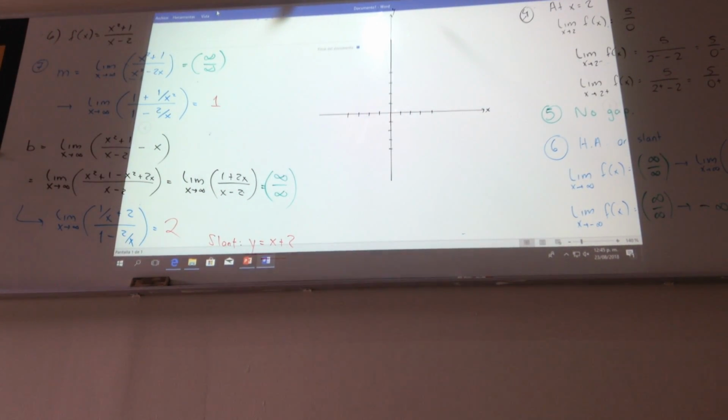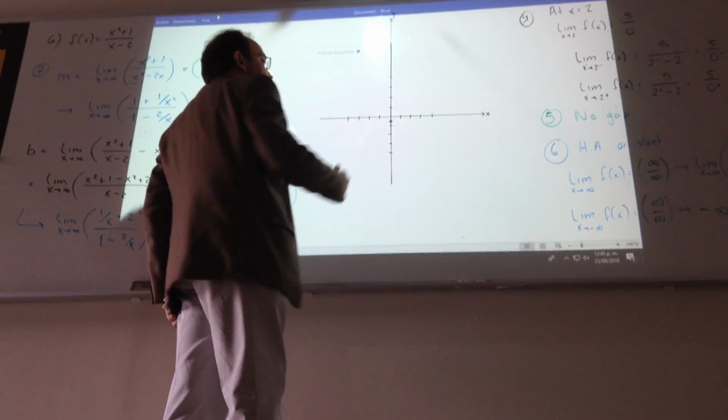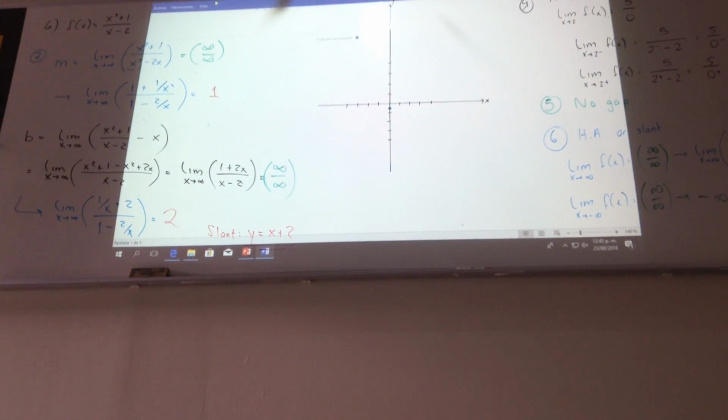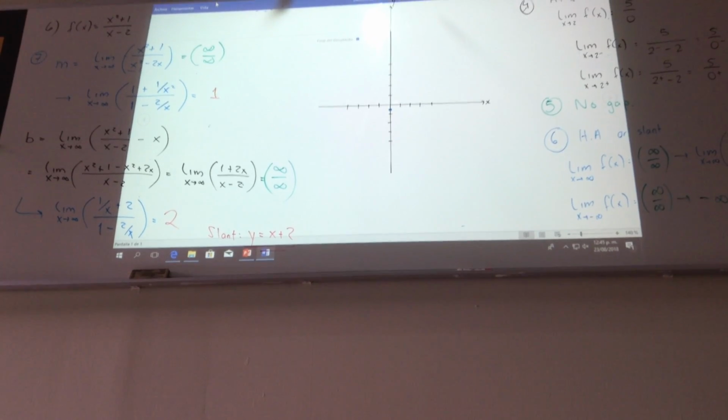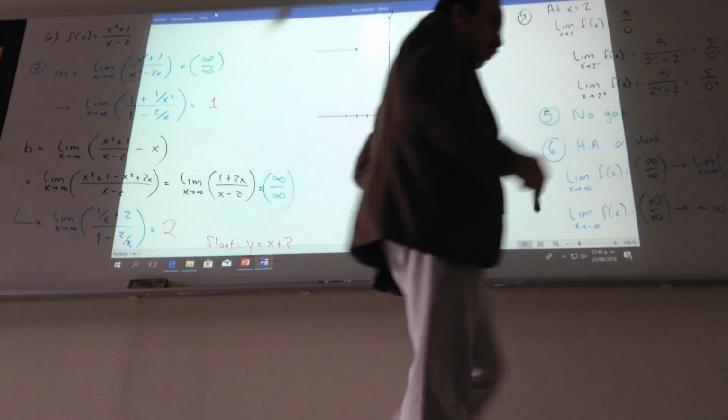Before that, remember, you want to do the graph. First step, x-intercept? No. Y-intercept? Yes. Where? 0, minus 1/2. So, here. Next. Vertical asymptote? x equals 2.